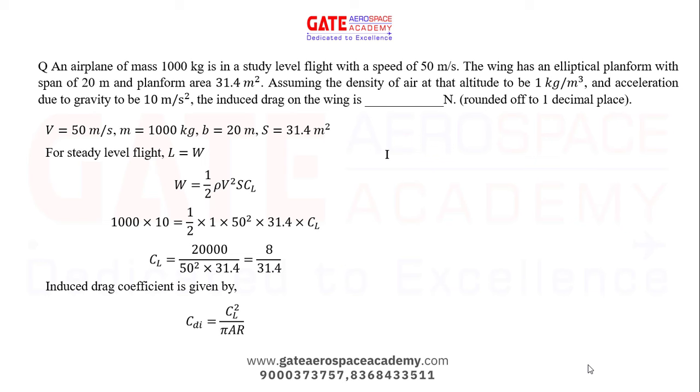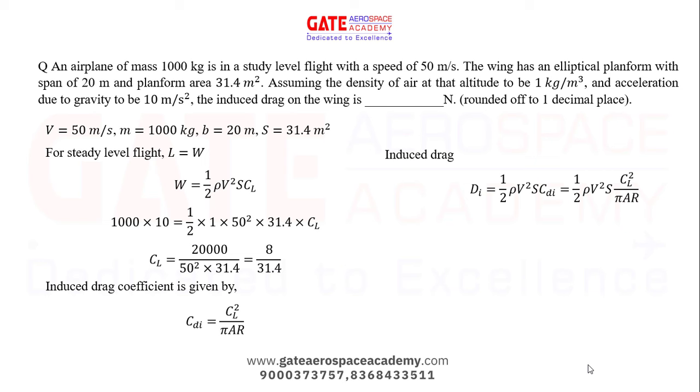So induced drag DI is equal to half rho V square S into CDI. We can substitute CDI: half rho V square S into CL square upon pi AR.